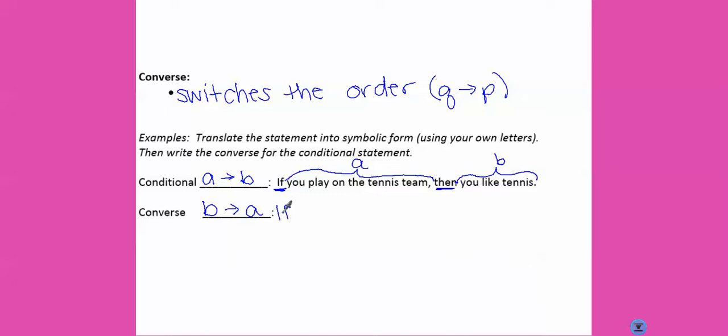So we'll still have if. We said that B is going to come first, so if you like tennis, then our A part's going to come second, you play on the tennis team.